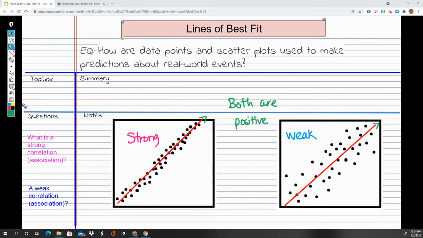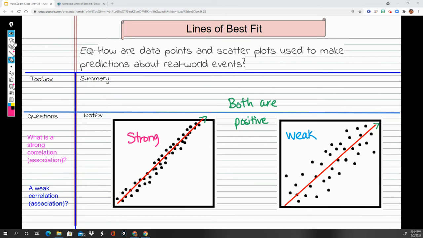So we would say this one here is a strong positive correlation. Sorry about that.